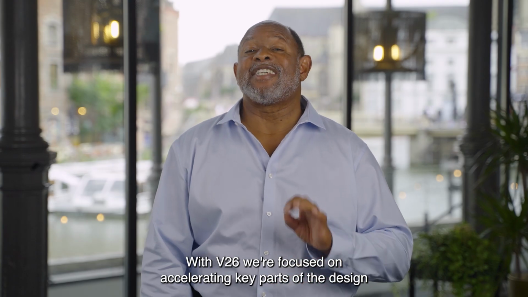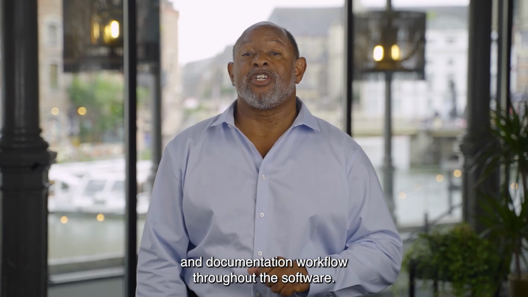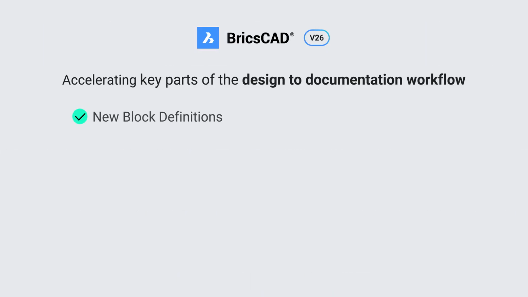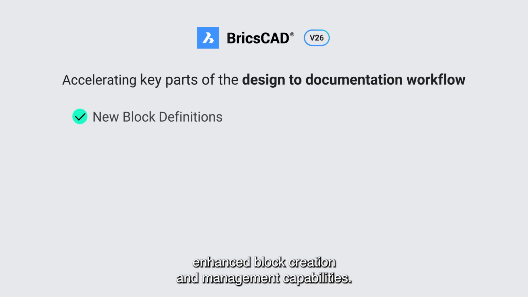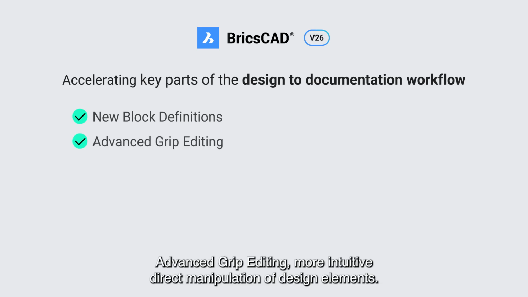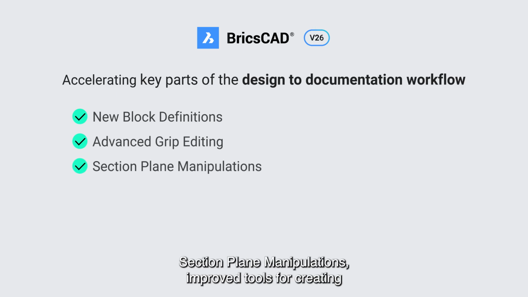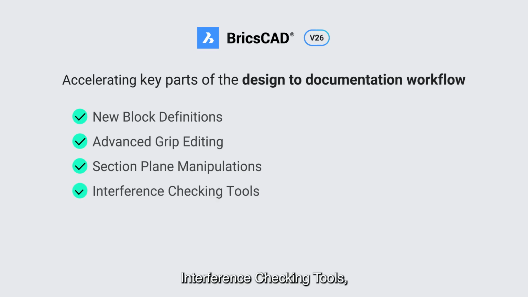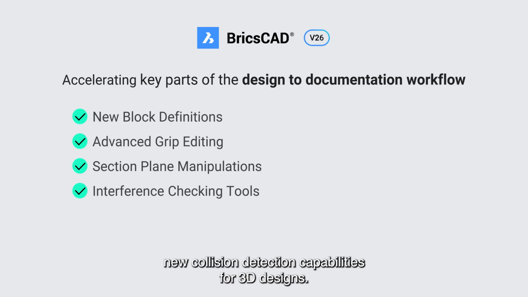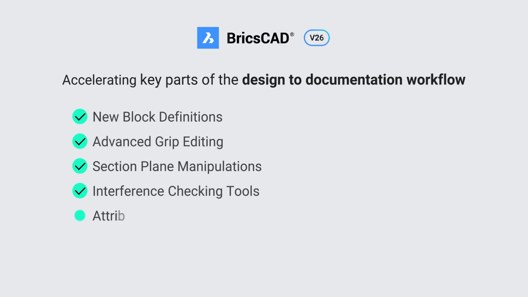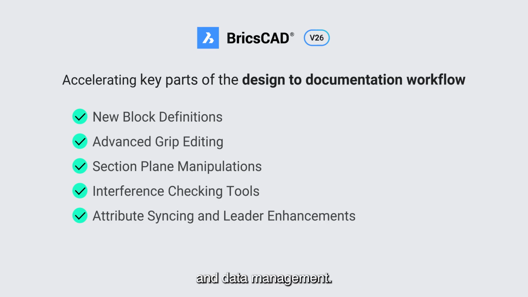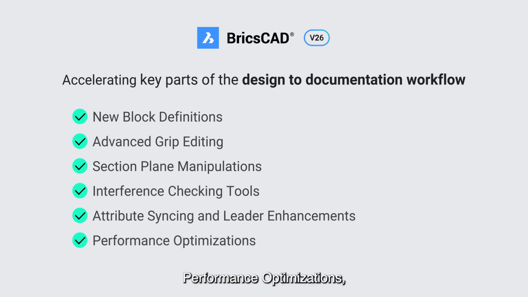In V26, we're focused on accelerating key parts of the design to documentation workflow throughout the software, including new block definitions, enhanced block creation and management capabilities, advanced script editing, more intuitive direct manipulation of design elements, section plane manipulations, improved tools for creating and managing section views, interference checking tools, new collision detection capabilities for 3D designs, attribute syncing and leader enhancements, better annotation and data management, and performance optimizations.